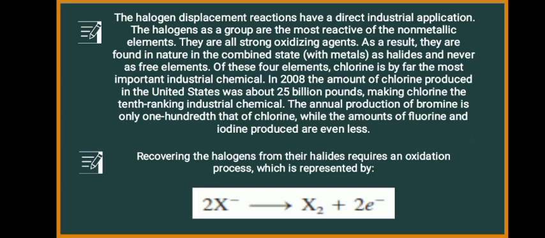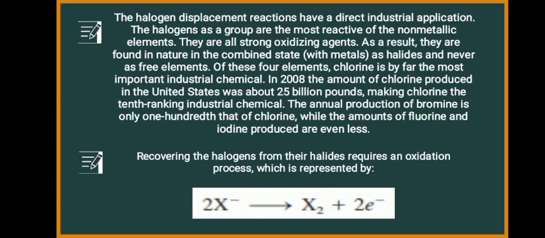In 2008, the amount of chlorine produced in the United States was about 25 billion pounds, making chlorine the 10th ranking industrial chemical. The annual production of bromine is only one hundredth that of chlorine, while the amounts of fluorine and iodine produced are even less.